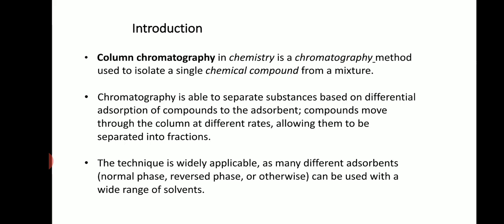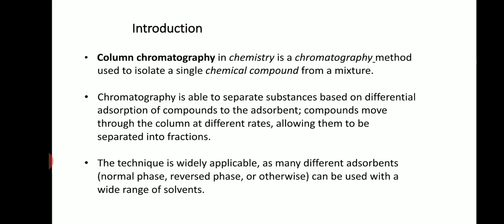Introduction: column chromatography. Column chromatography in chemistry is a chromatography method used to isolate a single chemical compound from a mixture. Chromatography is able to separate substances based on differential adsorption of compounds to the adsorbent.